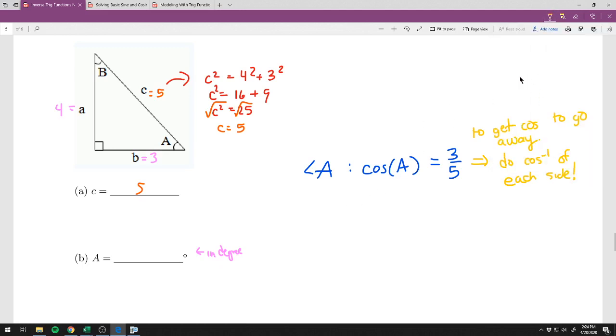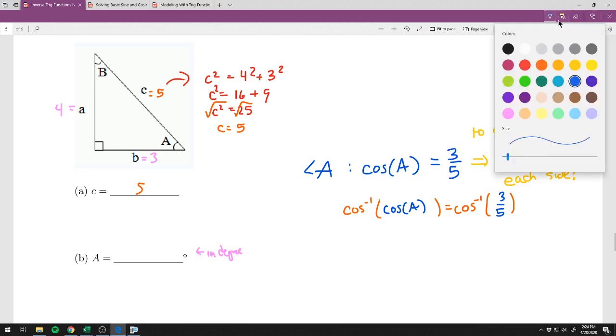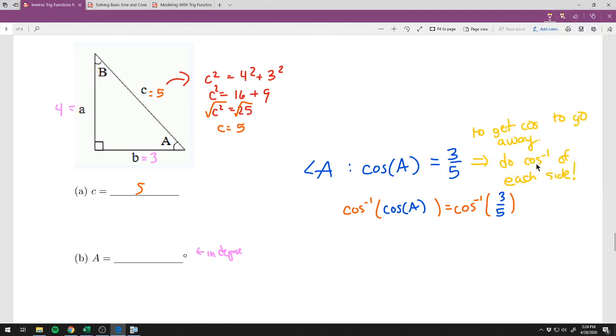So visually what I'm talking about here is I'll do cosine inverse of both sides. And what goes inside are exactly that, both sides. We got this. So we had cosine of A equals 3 over 5. We do cosine inverse of each side. And once again, the reason we do that is because inverse functions cancel out with the regular function.